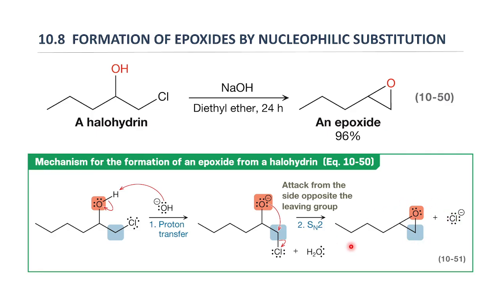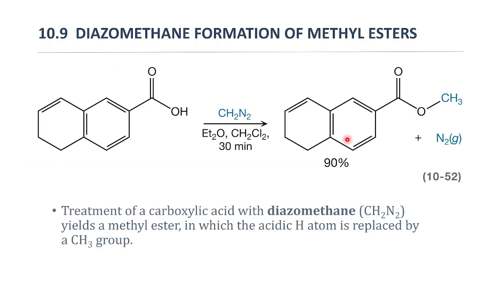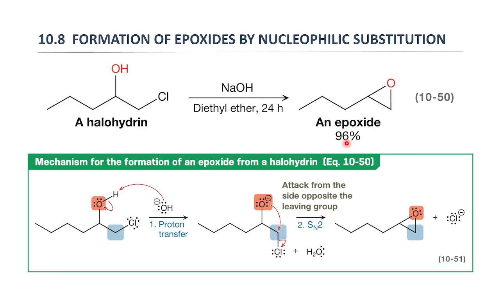And so we end up with our product over here. Now note that this is a pretty slow reaction compared to some of these other ones, but we get excellent yield out of this. This is actually quite thermodynamically favorable.